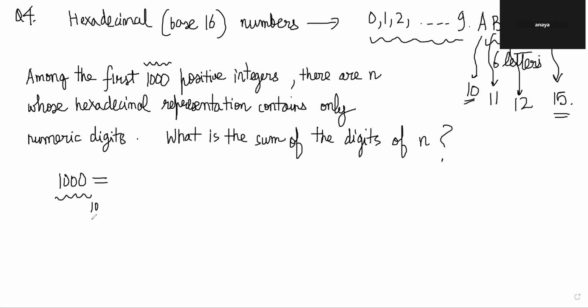Oh, wait. Never mind. I'm confusing the conversion. Hold up. 1000 in base 16. 1000 is 3E8.